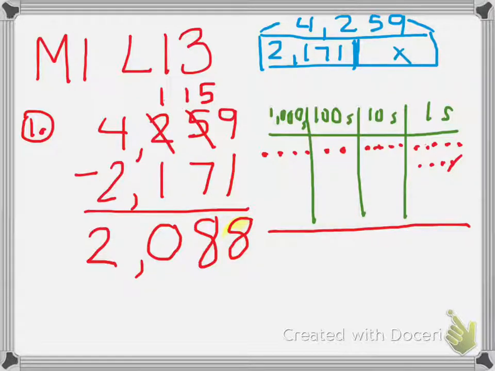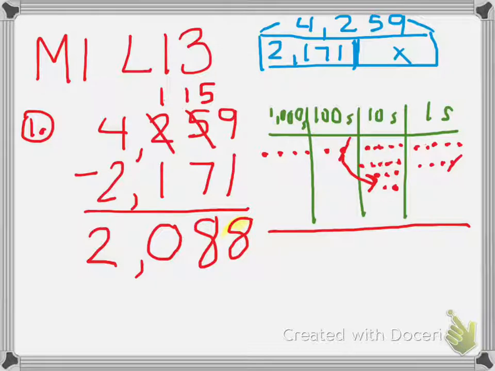All right, so I'm going to take away one of my ones. Okay, now I want to take away 7 tens, but we don't have 7 tens. So what I have to do is take away one of these hundreds and move 10 over here. Okay, 1, 2, 3, 4, 5. 1, 2, 3, 4, 5.